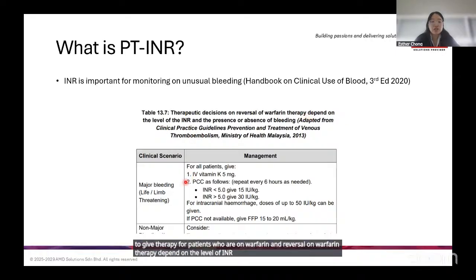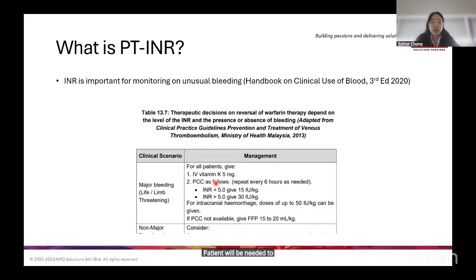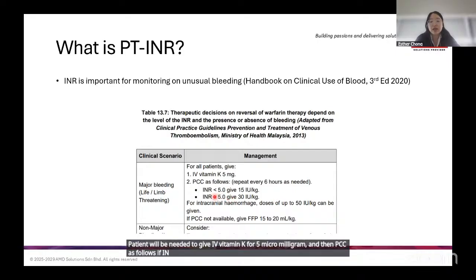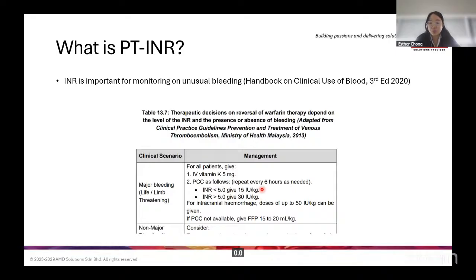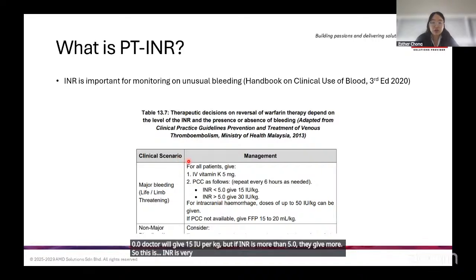So if major bleeding, as example here, patient will be needed to give IV vitamin K for 5 milligram, and then PCC as follows. If INR is less than 5.0, doctor will give 15 IU per kg, but if INR is more than 5.0, they give more. So INR is very important for doctor to assess what they need to give to the patient next.